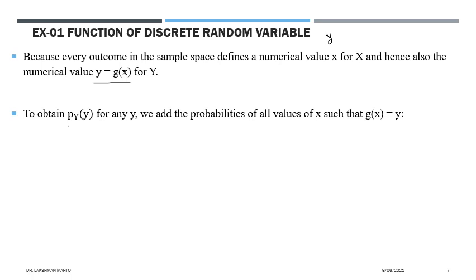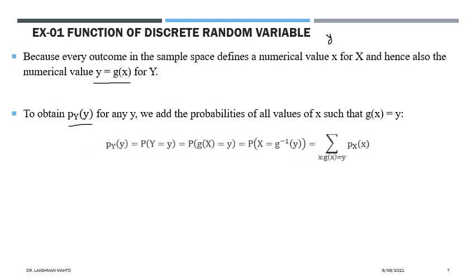To obtain the probability mass function for Y, that means the value of p_Y for any y, we add the probability of all values of X that have been mapped to y. That means we add the probability of all pre-images of y.